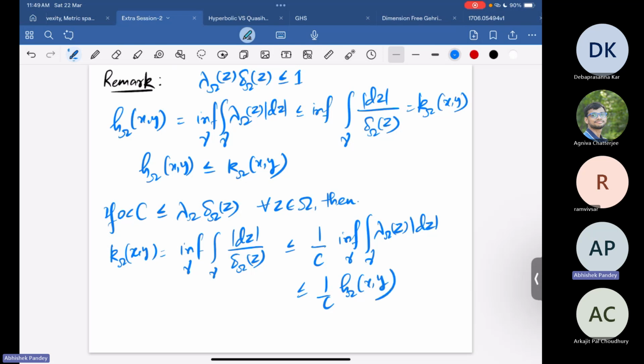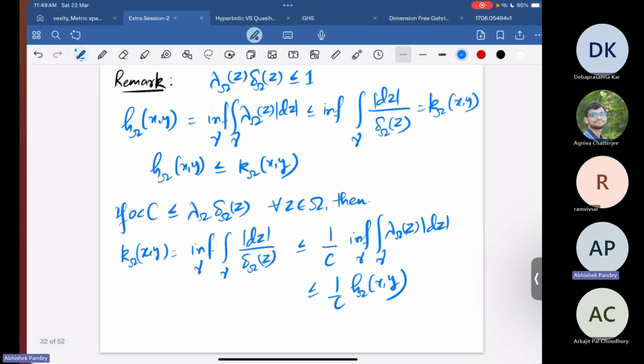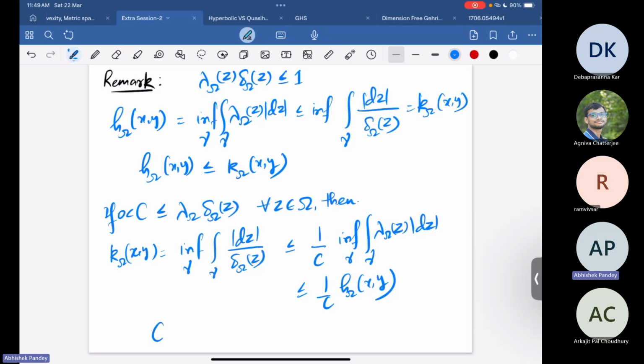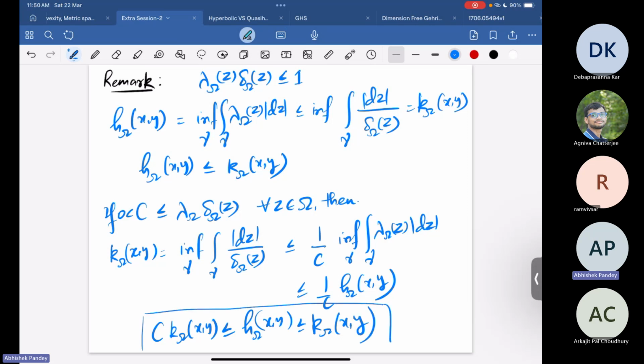Okay, so once we have this one, in addition, we have that c into k omega x comma y is less than or equal to h omega x comma y and k omega x comma y. Okay, so we have this comparable.